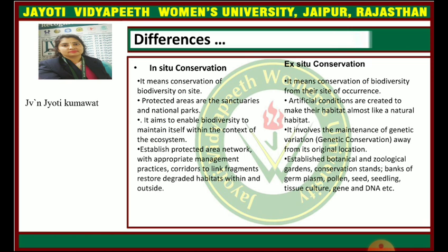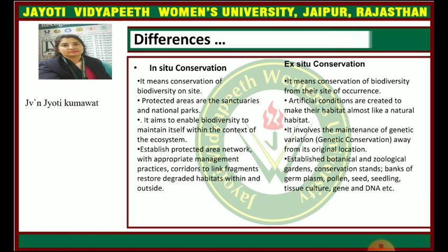Third difference, it aims to enable biodiversity to maintain itself within the context of the ecosystem. And ex situ conservation involves the maintenance of genetic variation, genetic conservation away from its original location.